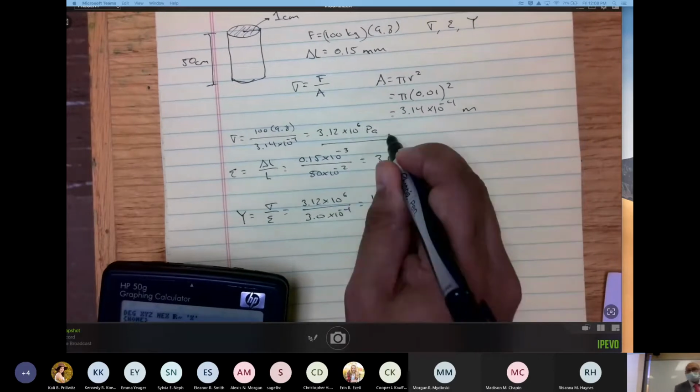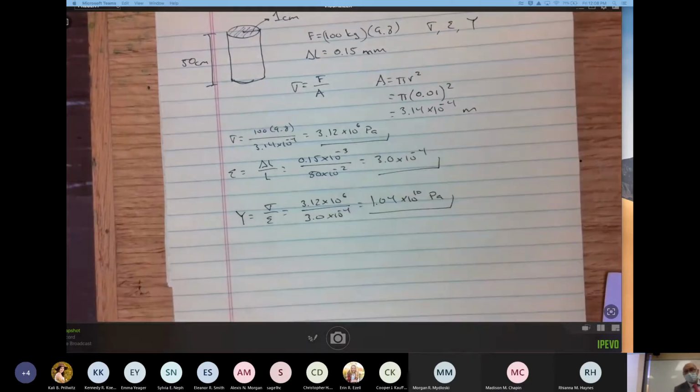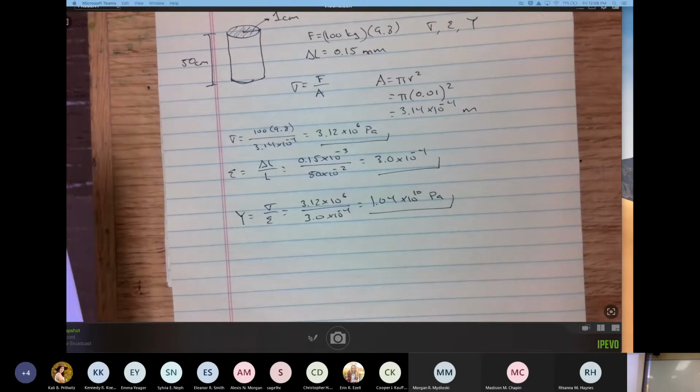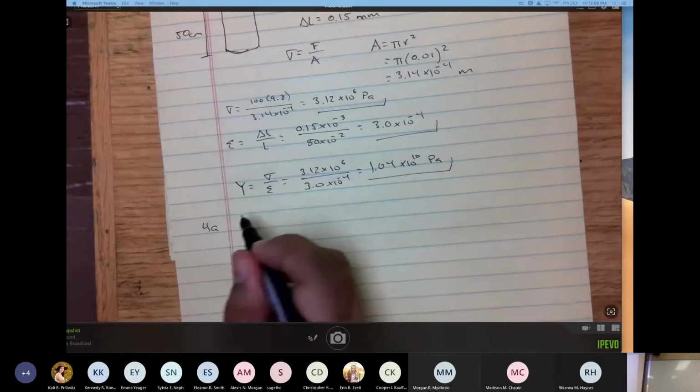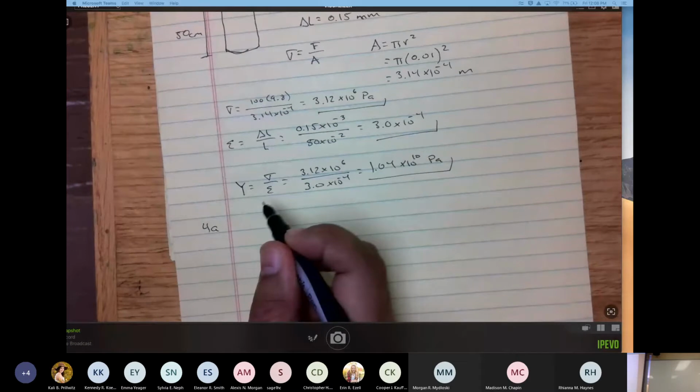Okay, and Morgan wants 4, part A. Okay, 4A, this was 7. 4A is somewhat similar.